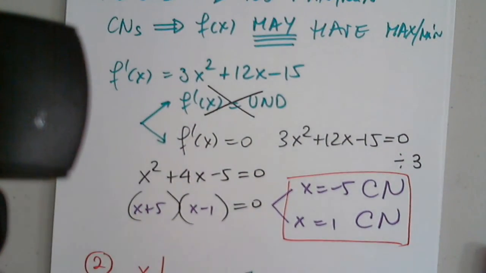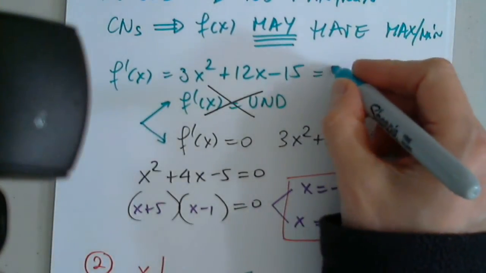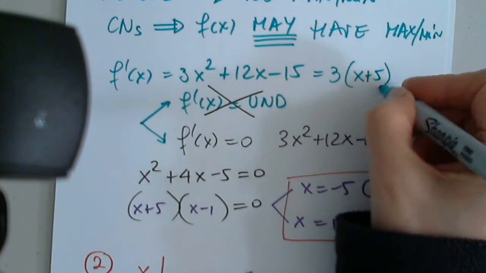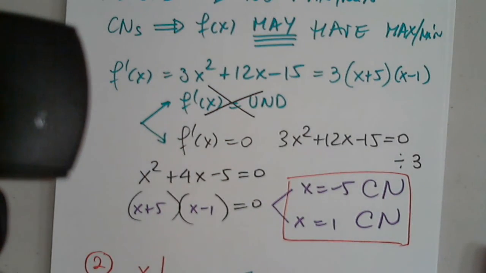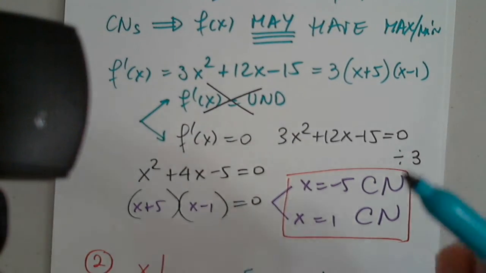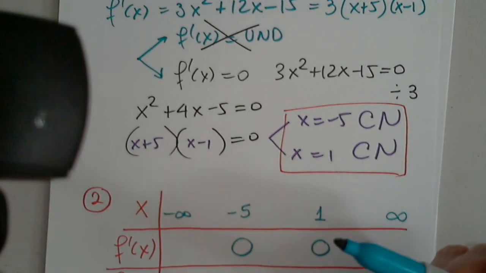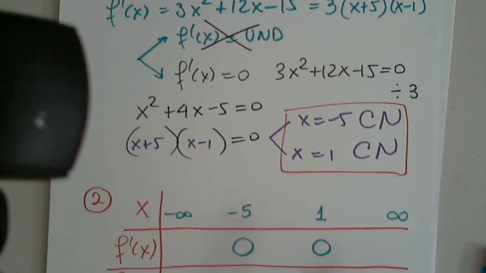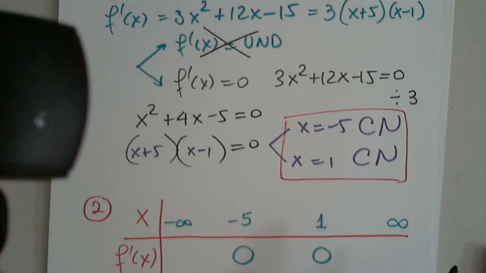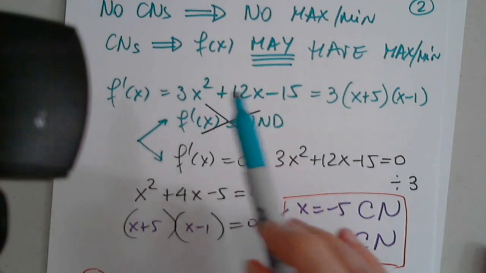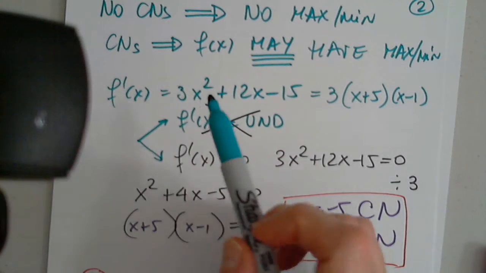So I look back at f prime, and now I know that this is 3 times (x plus 5) times (x minus 1). One option would be to start plugging in numbers. I don't really like that unless we have to.